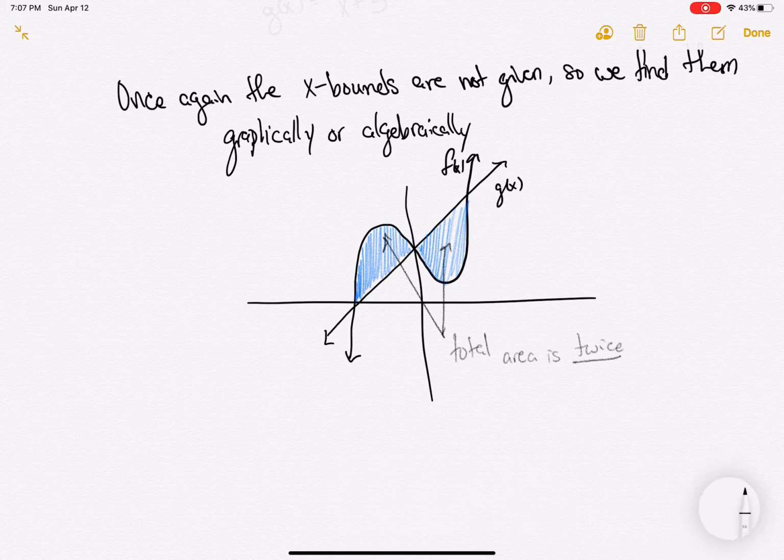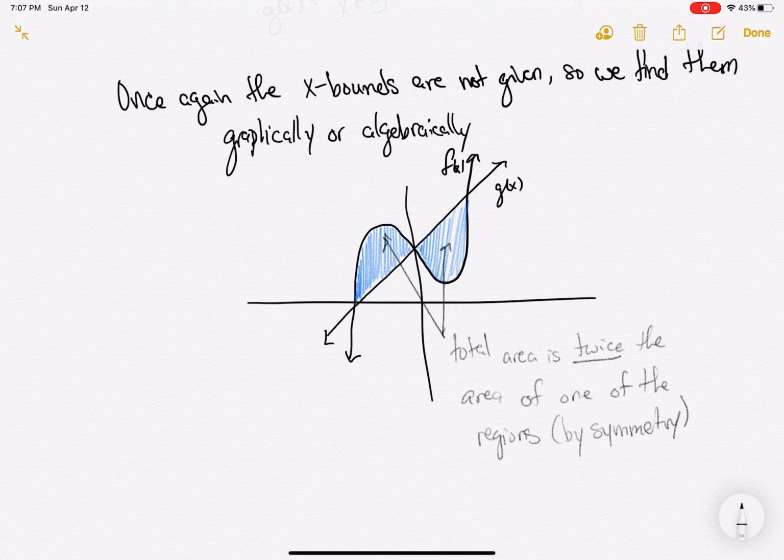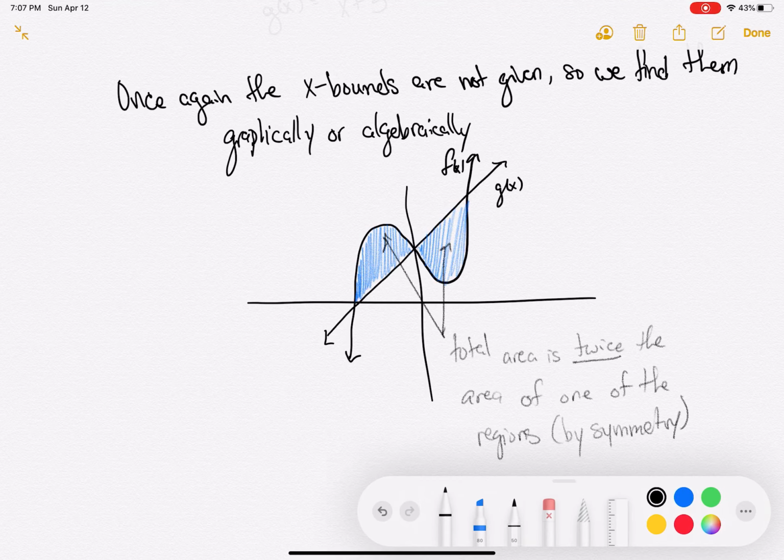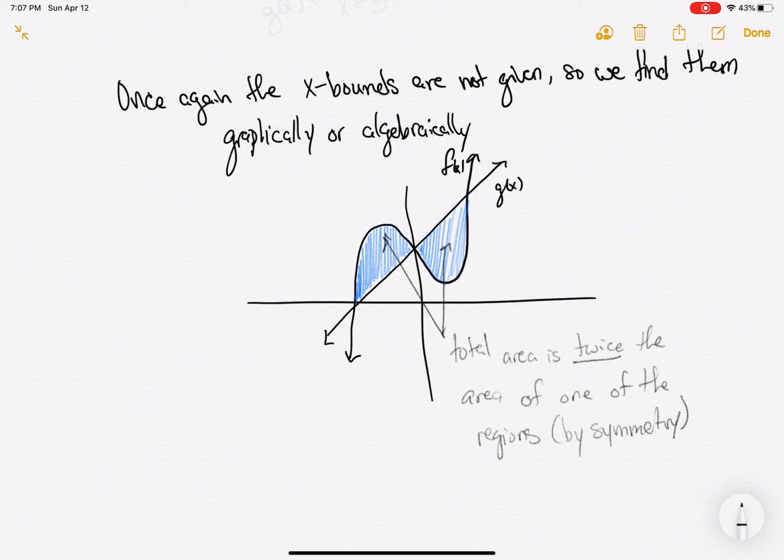It's twice the area of one of the regions, by symmetry. So you can save yourself a little bit of hassle if you recognize that early in problems. You don't always have to do it, but it just saves you some time.